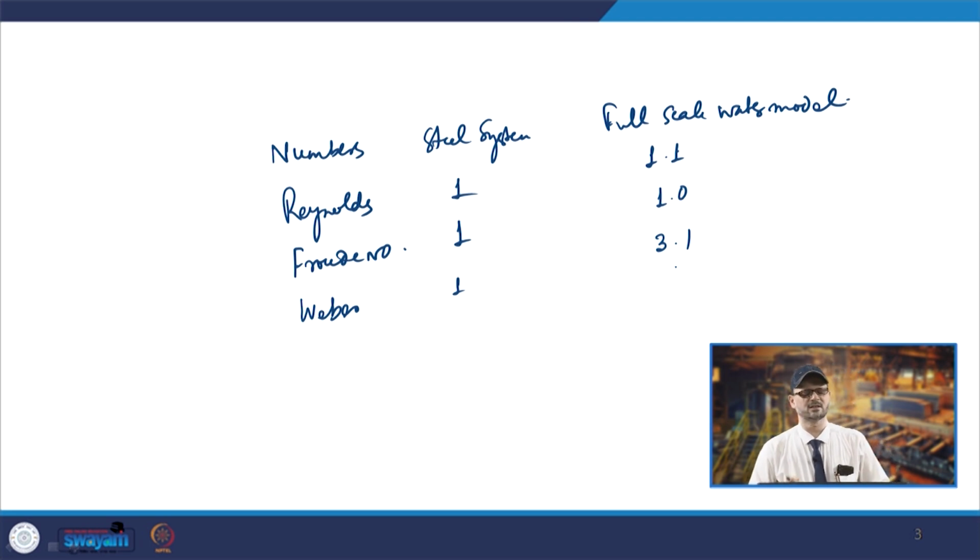These numbers need to be kept in mind when you are doing the water modeling, and you need to know what numbers should be there for the steel as well as the full scale model. That can be taken as a reference from the literature, and this is how they typically vary.